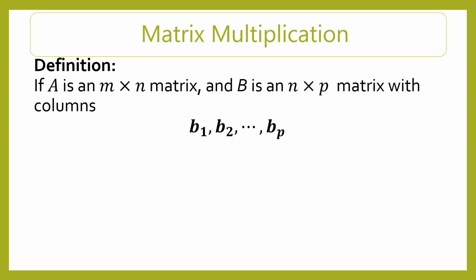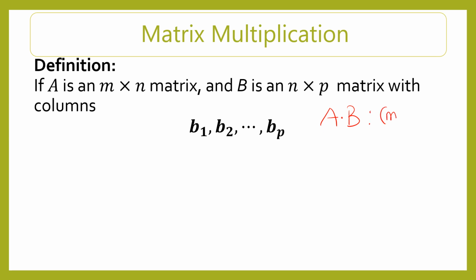Just to recall, in class we dealt with when it makes sense to compute A times B. So A times B will make sense, and this is what we call the compatibility rule.